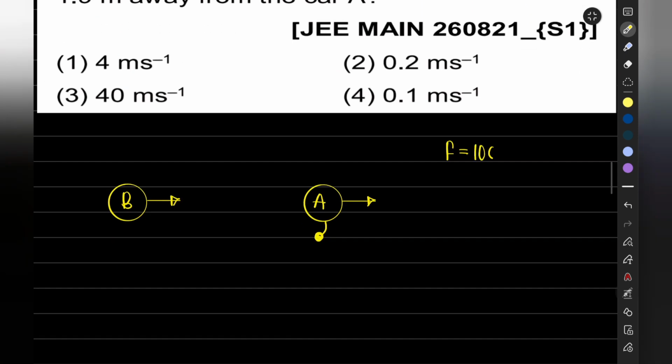And we know that the mirror which is always fitted in a car is basically a convex mirror.